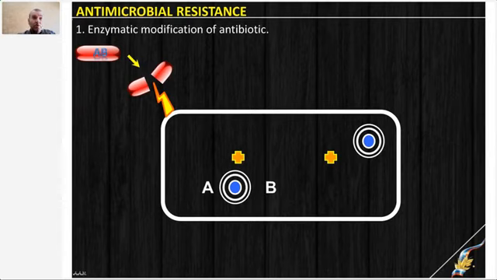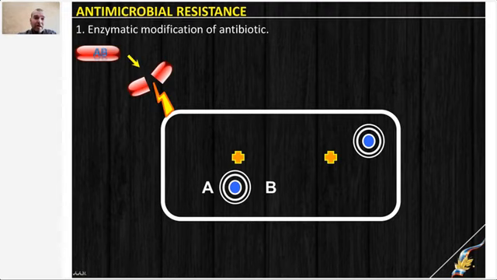First, and the most popular, is enzymatic modification or degradation of the antimicrobial agent. Bacteria can produce and secrete a lot of enzymes which can change the structure of an antibiotic. It will lose efficacy. Or some enzymes can even destroy the antibiotic.